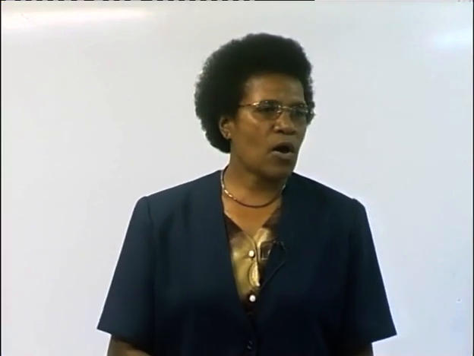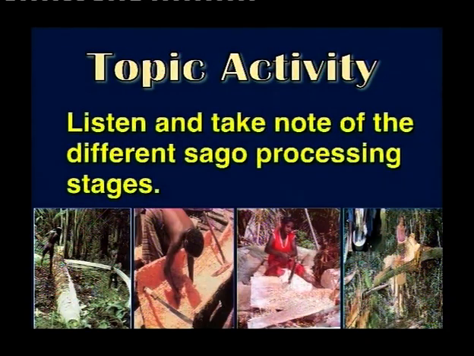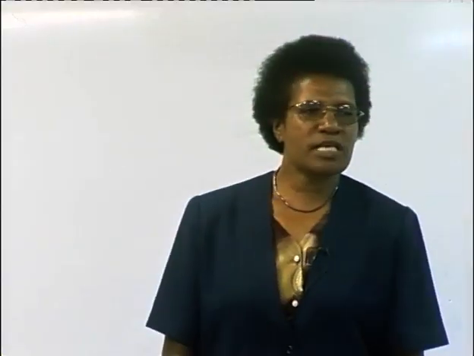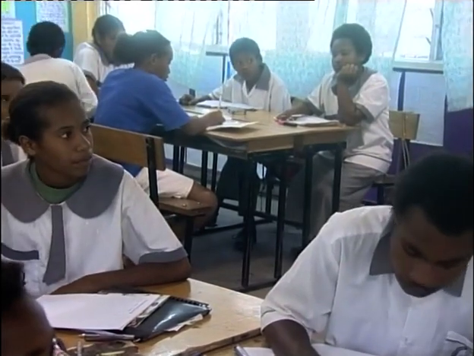Now, our activity is basically on you listening and taking note, especially of the different sago processing stages that you will hear from our guest speaker this morning. Now, processing raw materials.